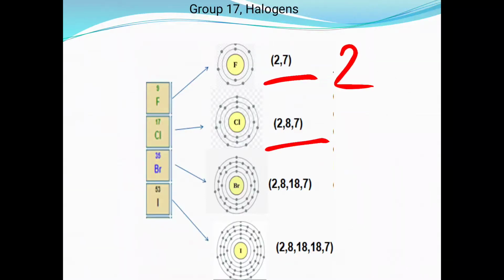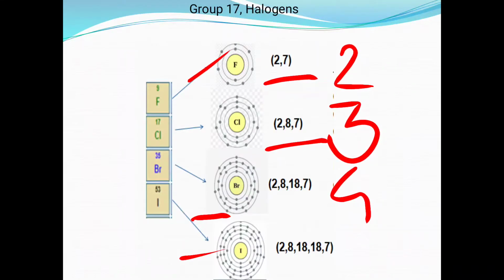Chlorine has more electrons than fluorine, but one more shell is added, so the number of shells is 3. Bromine has 4 shells. In iodine, again one more shell is added. So as the number of electrons increases, the number of shells also increases.